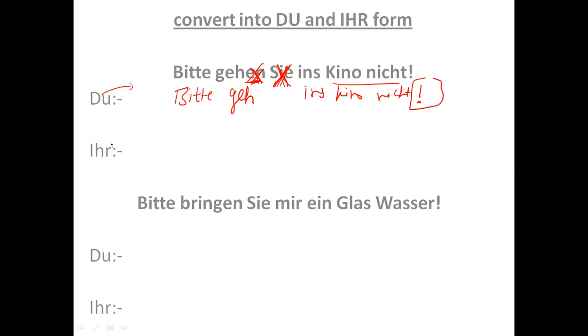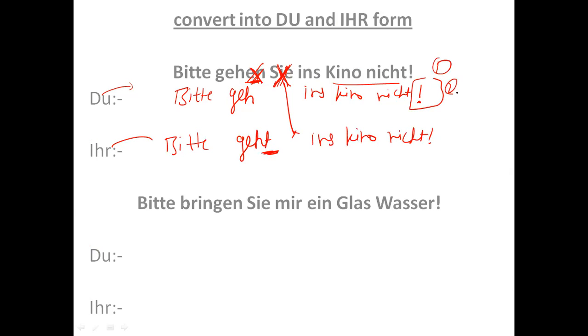And if I need to change into ihr, it should be "Bitte", and then the ending will come, "Bitte geht", and then ihr will not come, "ins Kino nicht". So all these three sentences, first, second, and third, give you the same meaning. The meaning is please don't go to the cinema.